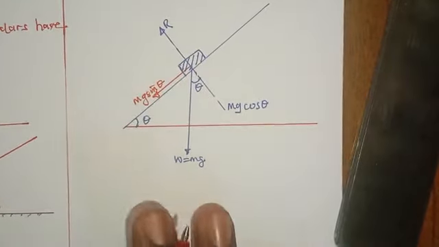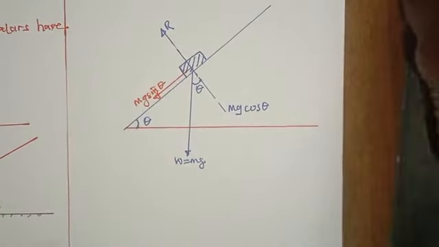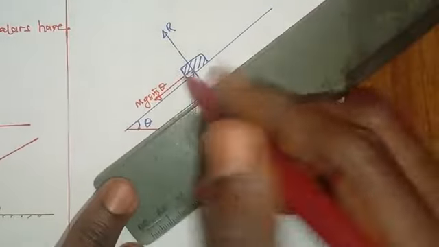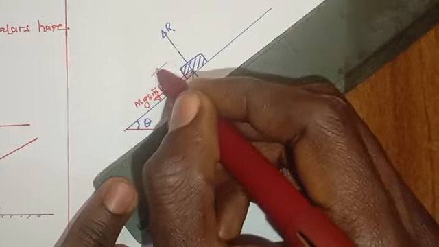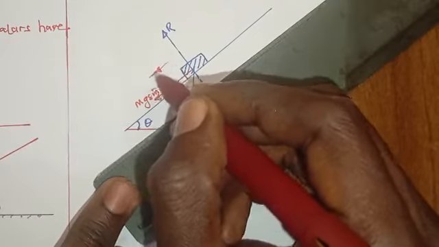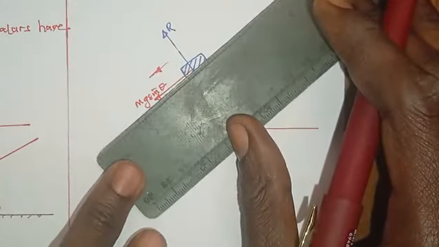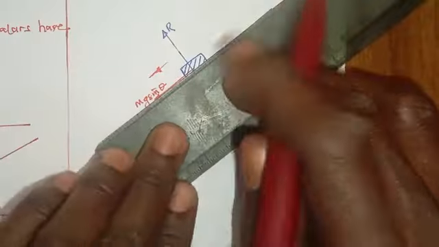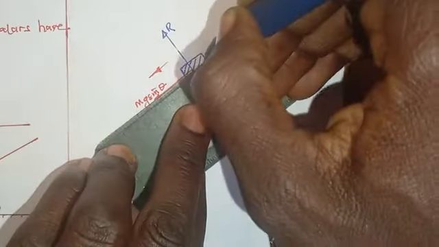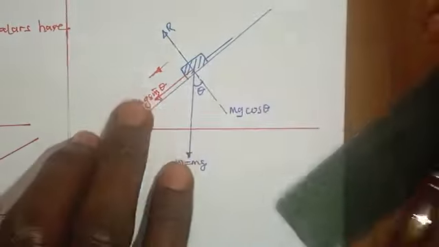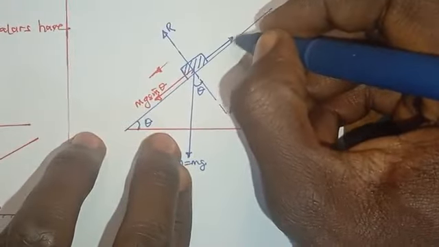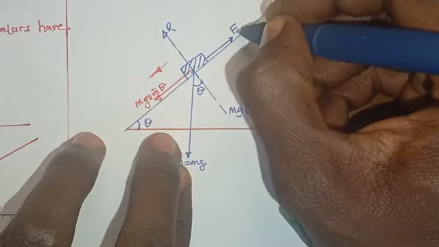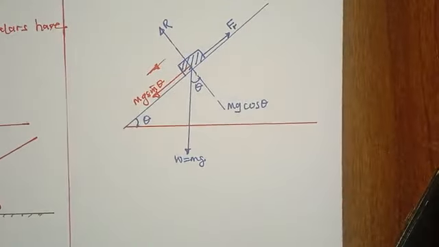So depending on the question given to you, if you want to go further, if the body is sliding in this direction, then the frictional force will be opposite. The frictional force will be opposite, right? So we have FR. Is that understood?